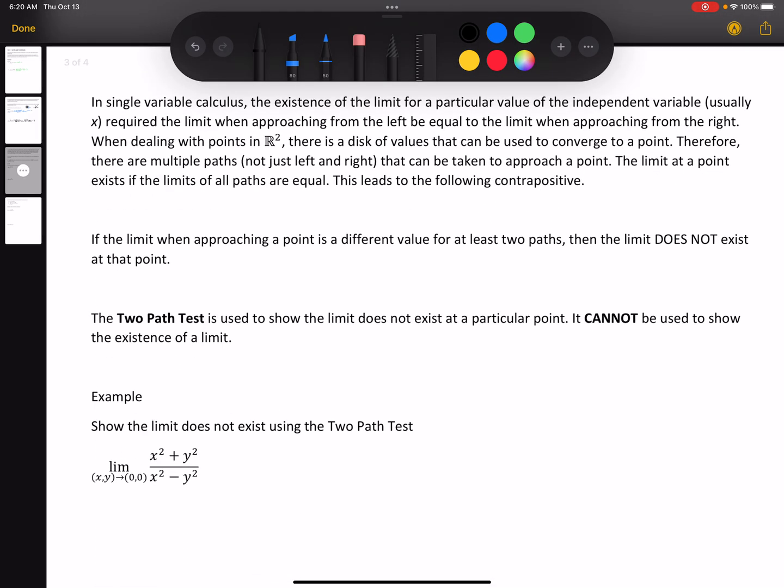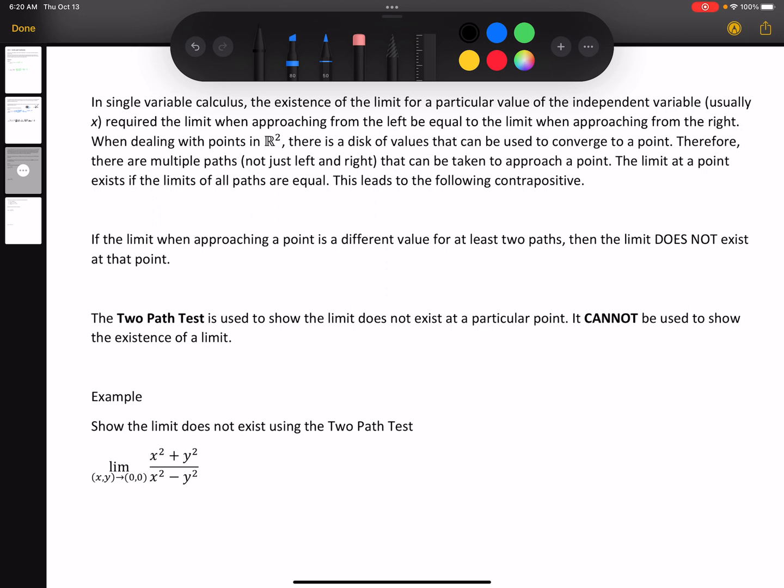Again, like in single variable calculus, for the limit to exist, it has to be true that the limit from the left is equal to the limit from the right. And those are easy to check. If you have a function, you can use a value slightly smaller and a value slightly greater, and as you approach, if you get the same value, the limit exists.